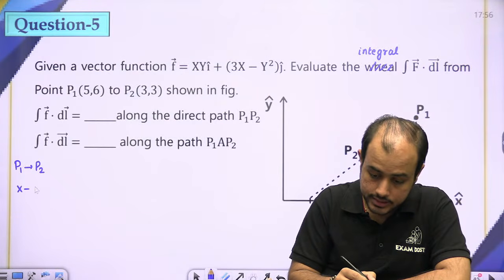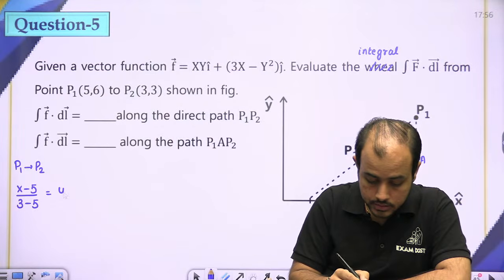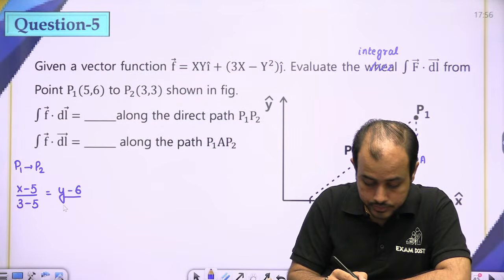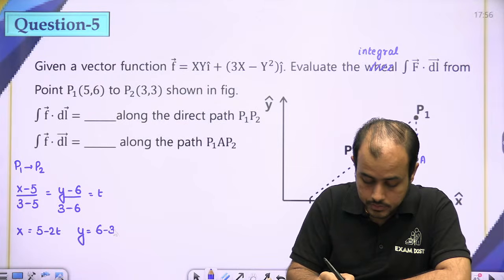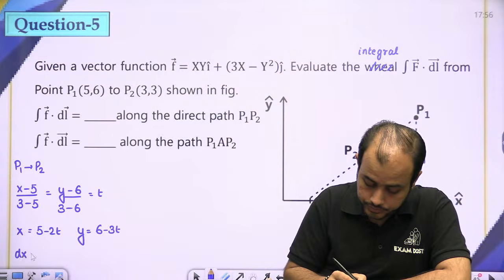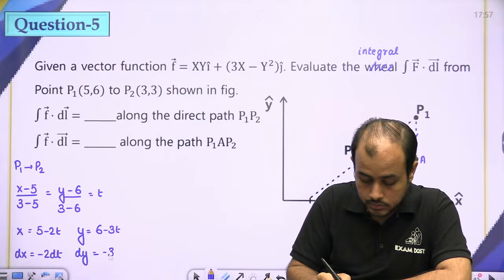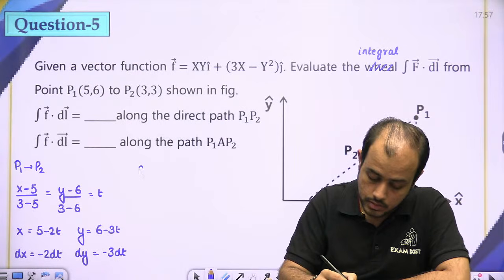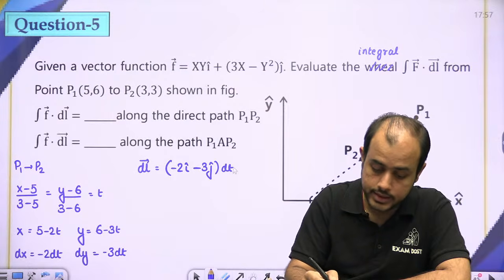So I will write the straight line x minus 5. dl will be minus 2i minus 3j dt.